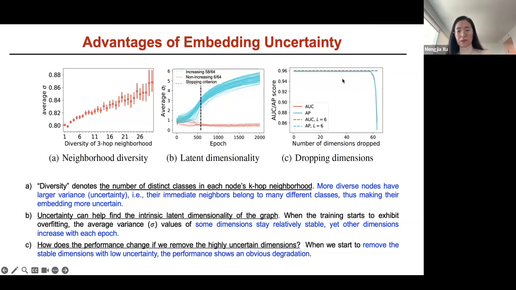If you drop the 58 dimensions that have very high sigma values, meaning high uncertainty, it doesn't affect the AUC and the average precision score at all. But if you remove the important latent dimensions, the performance drops. So that shows how important uncertainty quantification is for the embedding.